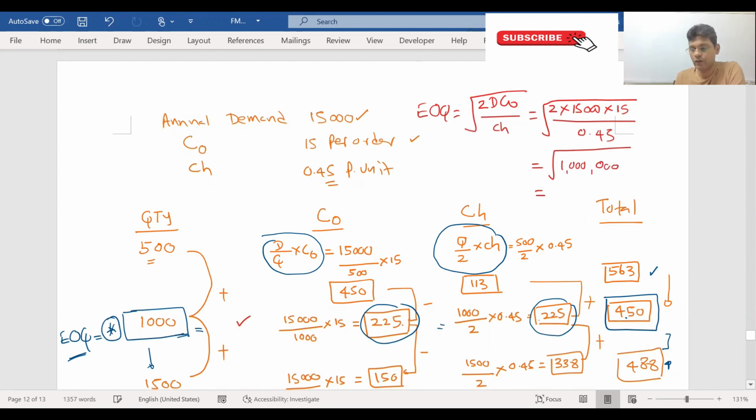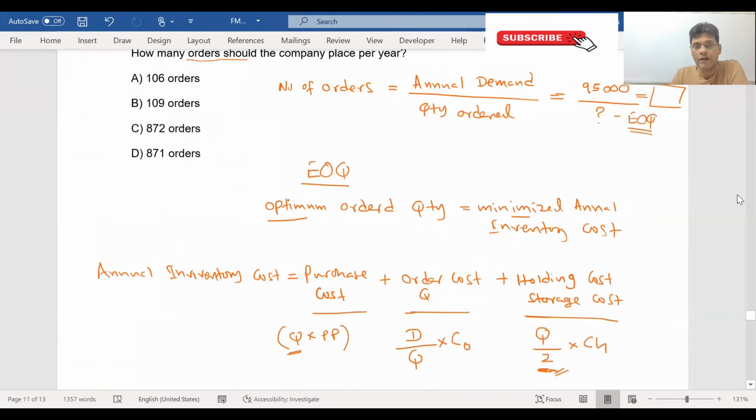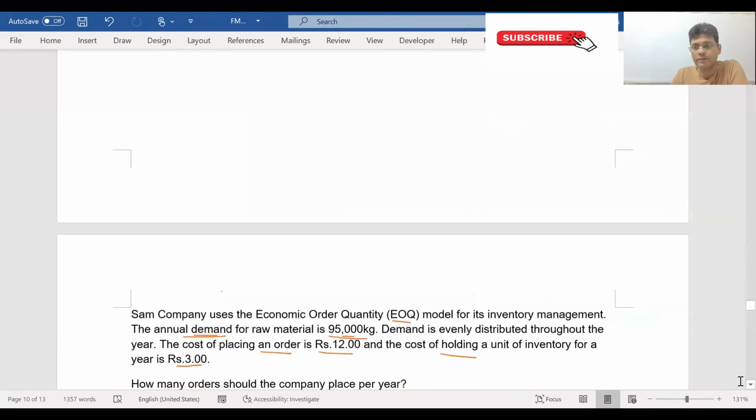The square root of 1 million is 1000. So this is the economic order quantity we derived based on this EOQ model, which is 1000 as per this calculation. The same formula should be applied in this question as well.